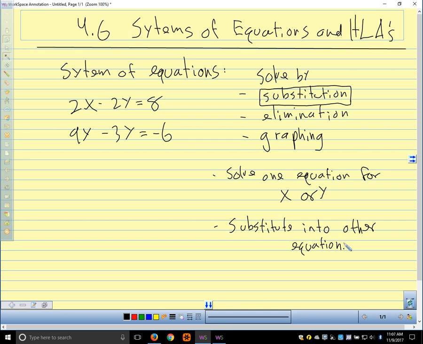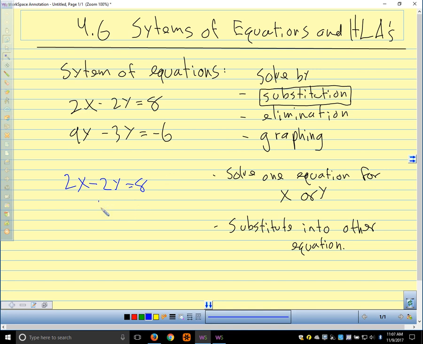All right, so I'm going to go through an example, this example. So I'm going to solve the first equation. I'll do that in blue. 2x minus 2y equals 8. I'm going to solve for x, just because. You could solve for y, it doesn't matter. I want to get x by itself.